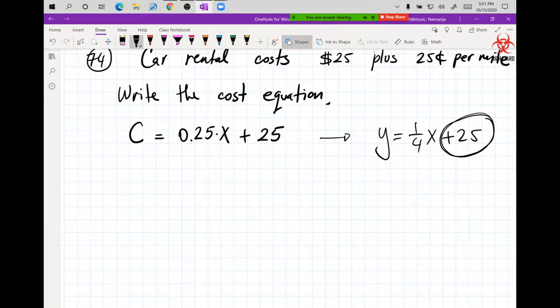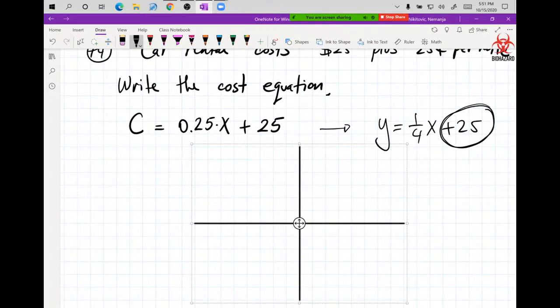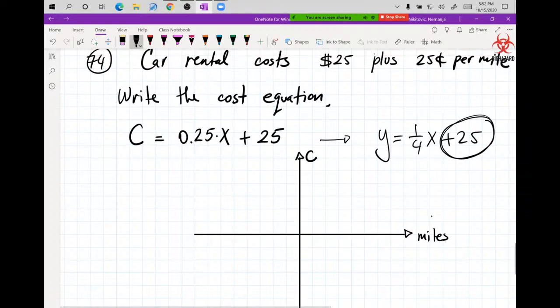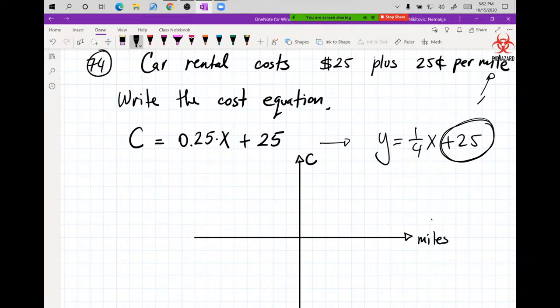So now if I want to graph this, I know that my y-axis is actually cost, which is money, and the x-axis are miles, because that's what x represented there, right? It was 25 cents times x, unknown amount of miles that you drive.